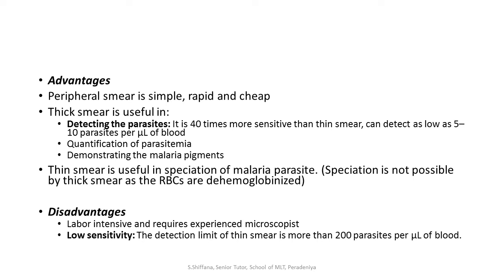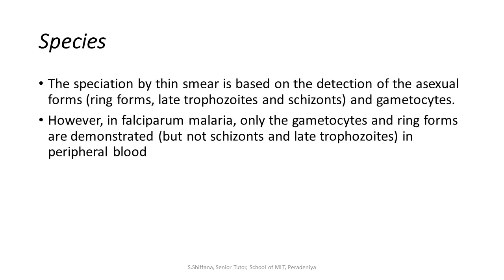Other thing, if you want to identify accurately, the microscopist should be very experienced. Also, in the case of thin film, if the concentration is low, it is difficult to detect.